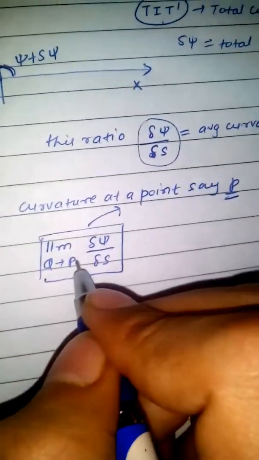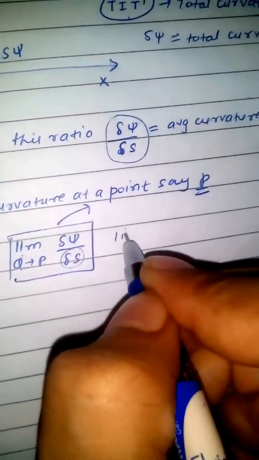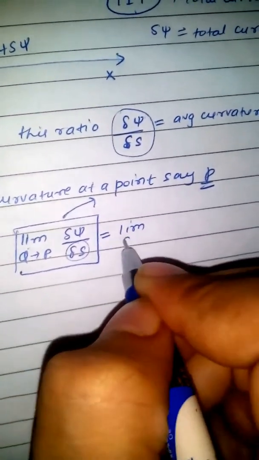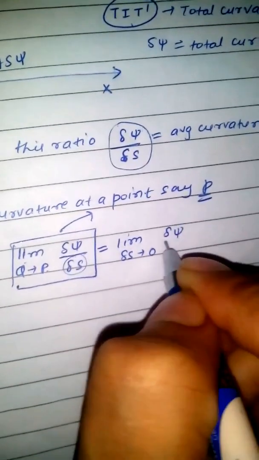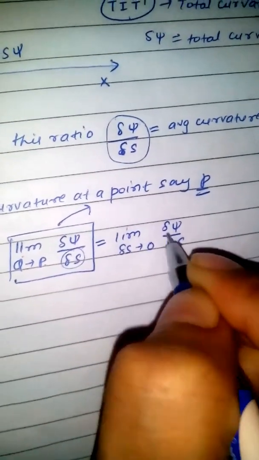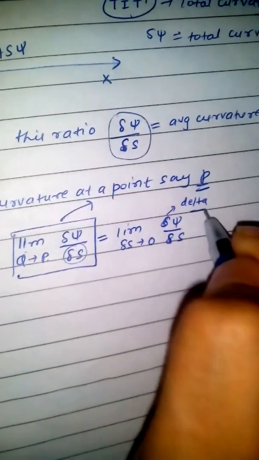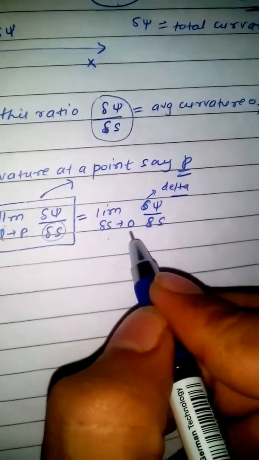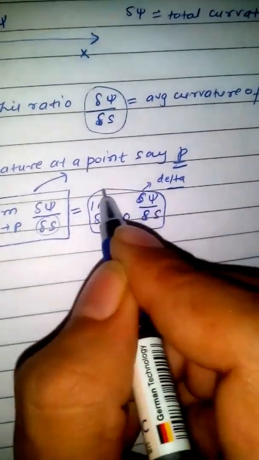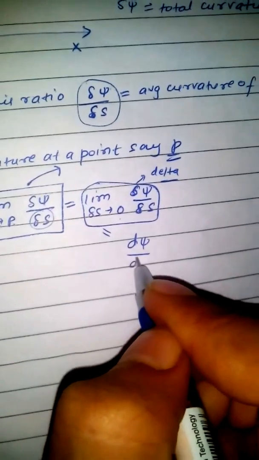If we solve this, as Q tends to P, delta S tends to 0, so this is equal to the limit as delta S tends to 0 of del psi by del S. Now if delta S tends to 0, this becomes equal to d psi by ds.